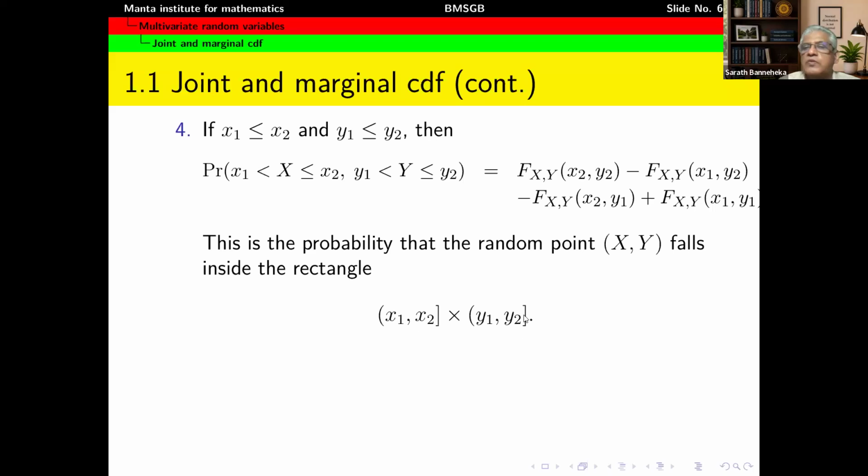So this is very important when you are dealing with discrete random variables. But for continuous random variables, it doesn't matter whether you include or exclude that point. The answer will be the same, right?